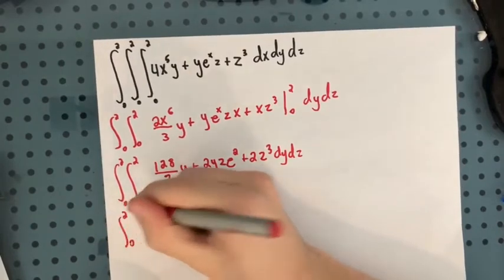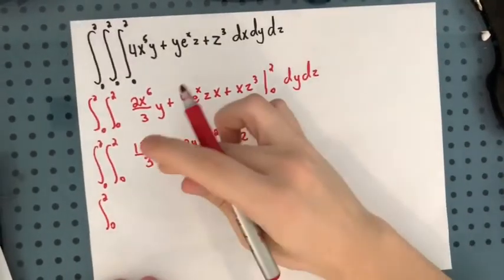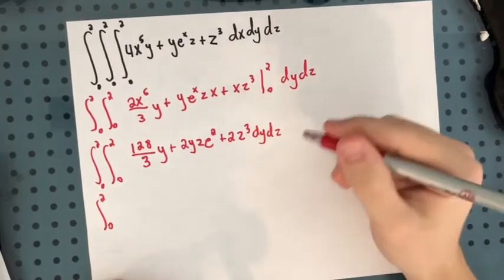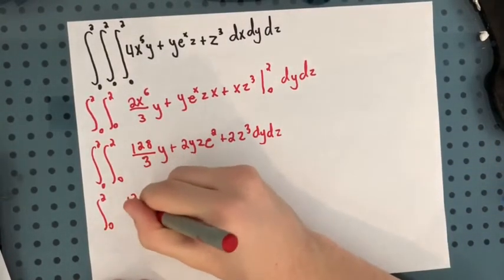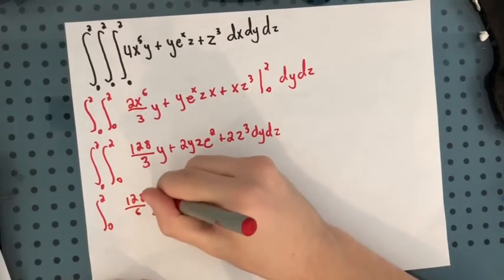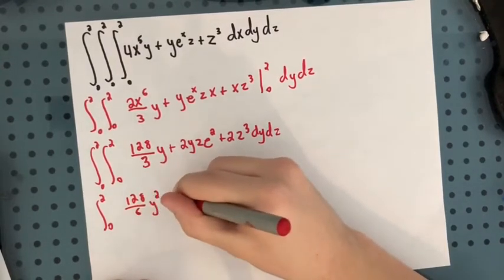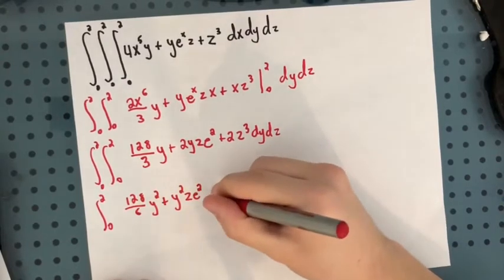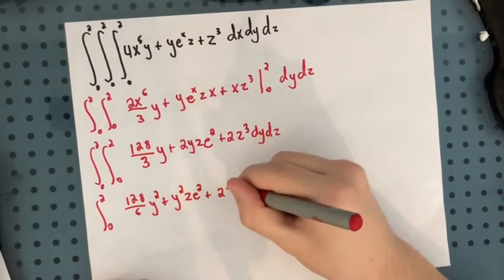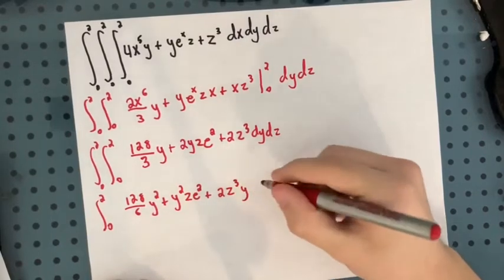So 0 to 2 of the antiderivative of this with respect to y is going to give us 128 divided by 6 y squared plus y squared z e to the 2 plus 2z cubed y.